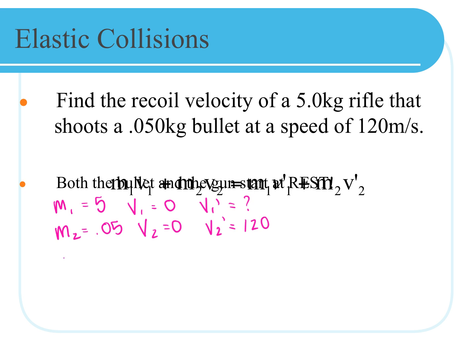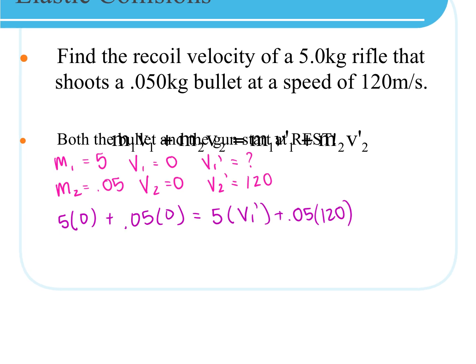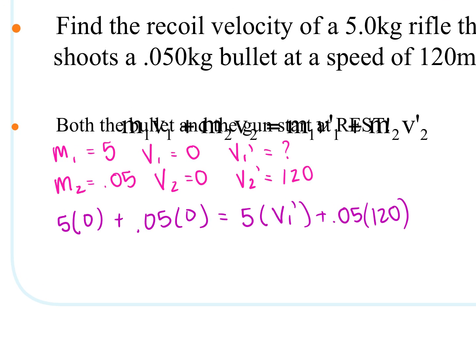So M1 times V1 plus M2 times V2 equals M1 V1 prime plus M2 V2 prime. Okay, do we see how that information goes in our equation?